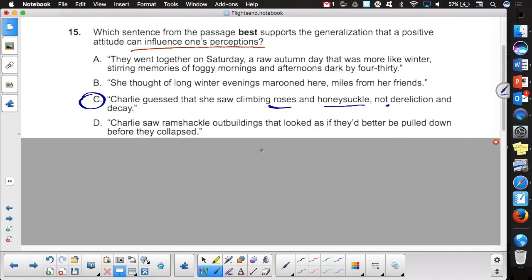Important term here would be not dereliction and decay, which would be negative. If you take a look at the other ones, a raw autumn day doesn't really sound too positive. Foggy mornings, dark by 4:30, long winter evenings, marooned here, pulled down, ramshackle, negative connotation, negative connotation, negative. This one more positive, answer C.